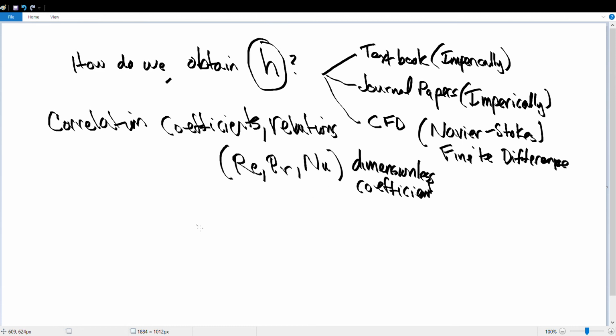How much heat can we remove from a surface per unit? So again, what are the units here? The units are watts per meter squared per degree C, right? So we're saying how much power in watts per unit area per degree C can we remove from a surface?